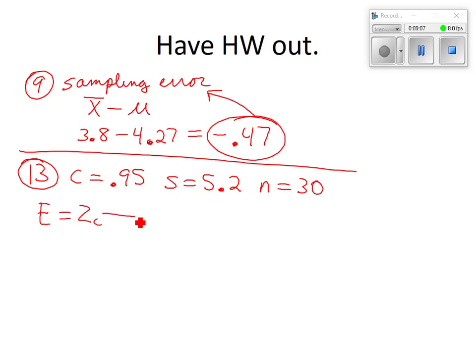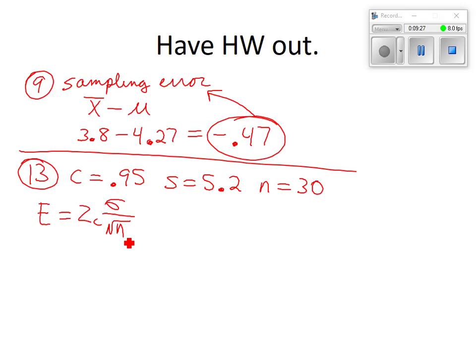Z sub C times sigma over square root of n. The other one was right beside that. This one is the other one expanded out.